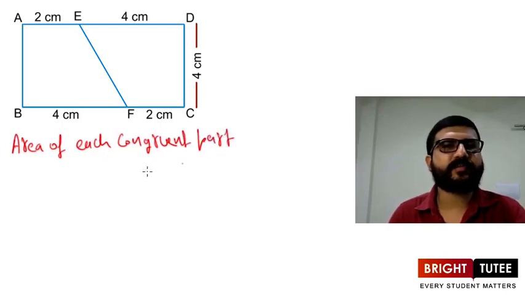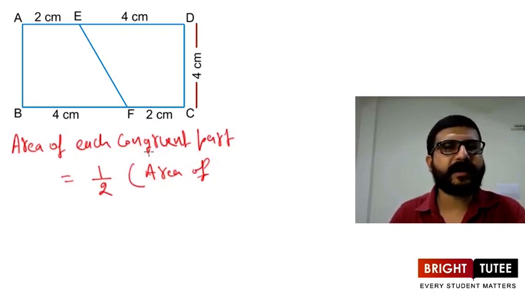Area of each congruent part is equal to half of area of rectangle, as area of both the congruent parts will be equal only.